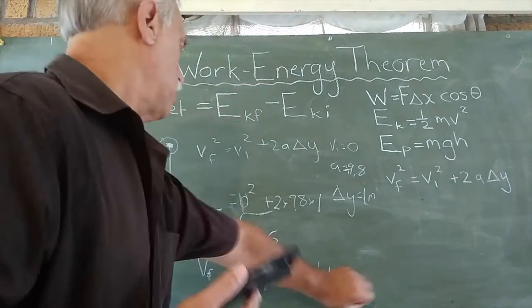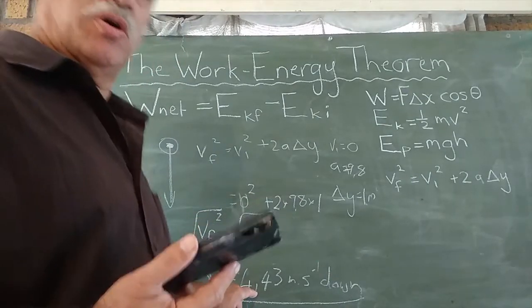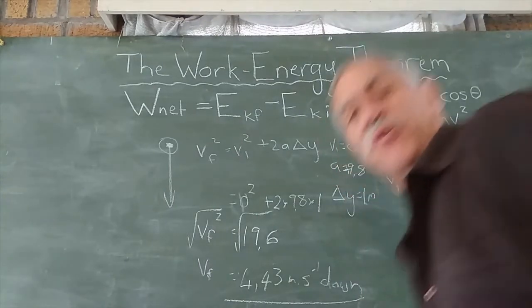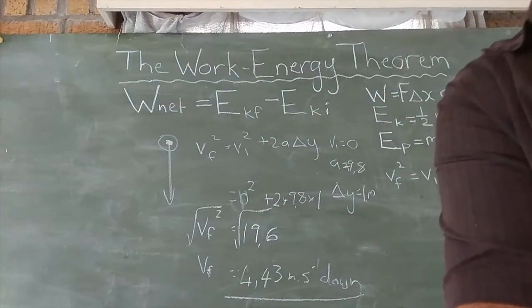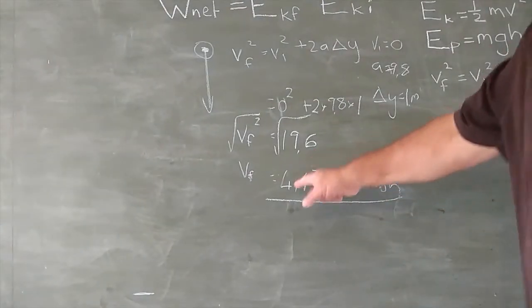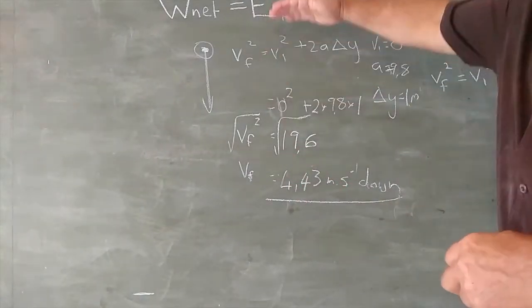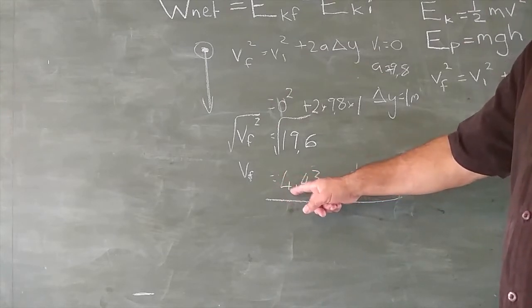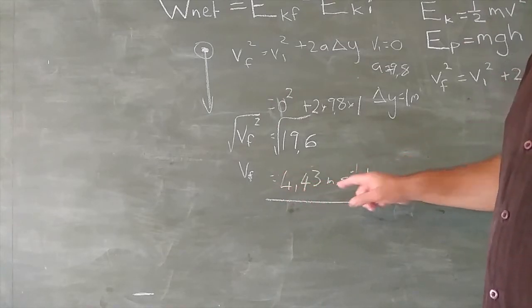So there is our benchmark for what we think the velocity of a 1 rand coin should be. Using our equation of motion, we're expecting V final to be equal to 4,43 meters per second.